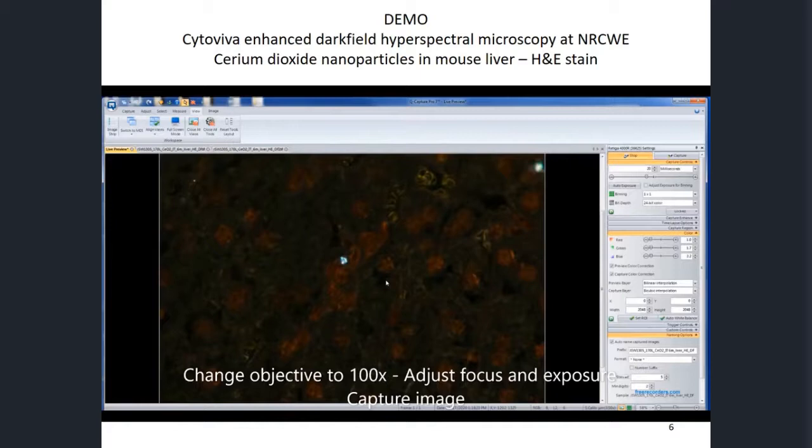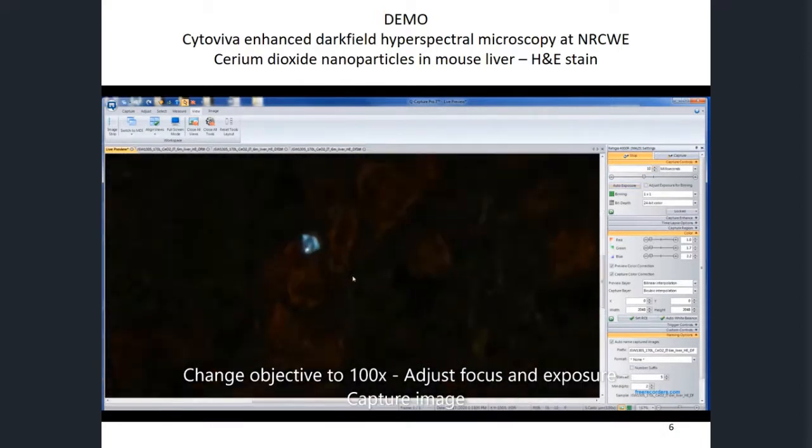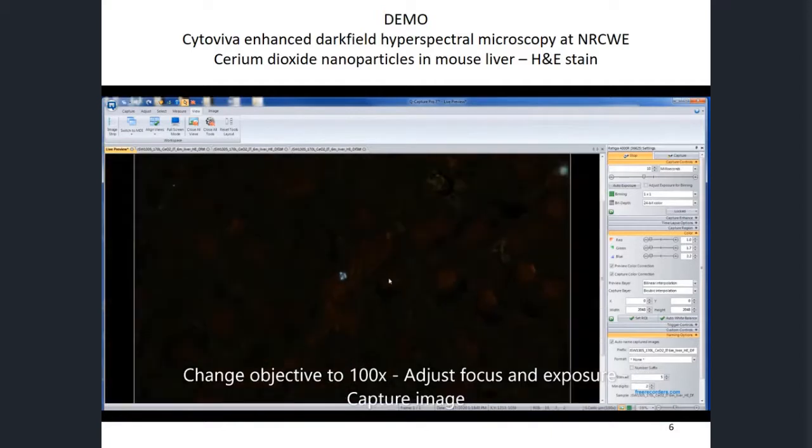Then you also need to adjust the exposure time. Usually, if it's metal oxides like here, the scattering intensity of the particles is so high that you need to lower the exposure quite a lot to be able to see the actual particle agglomerate.